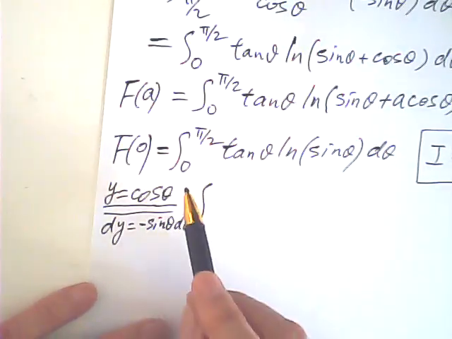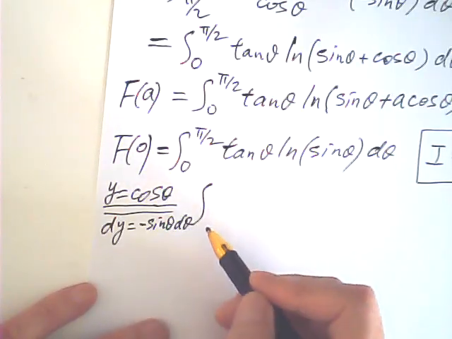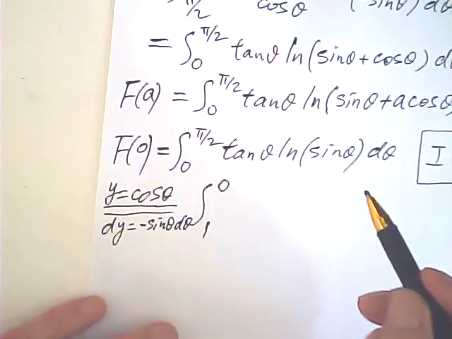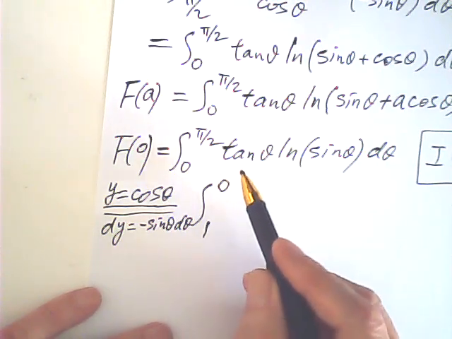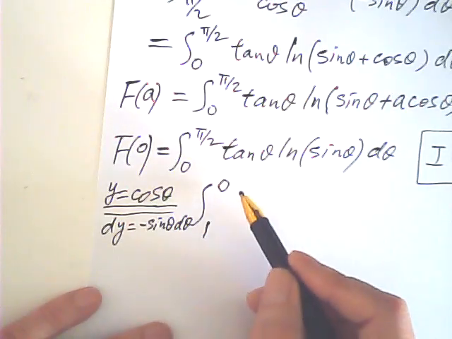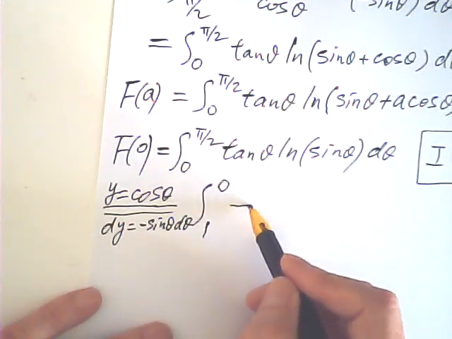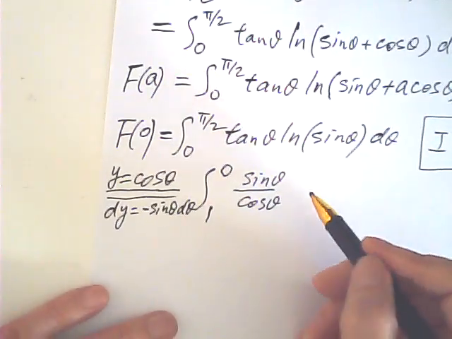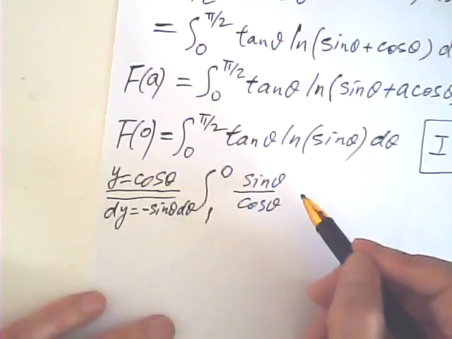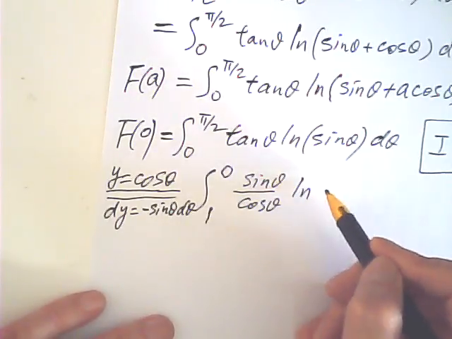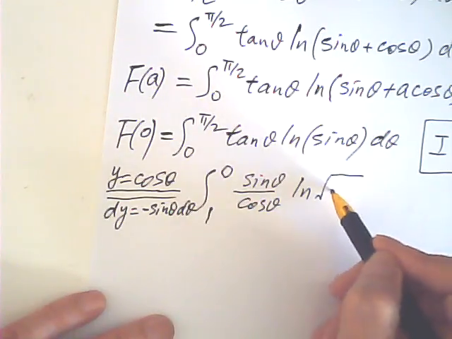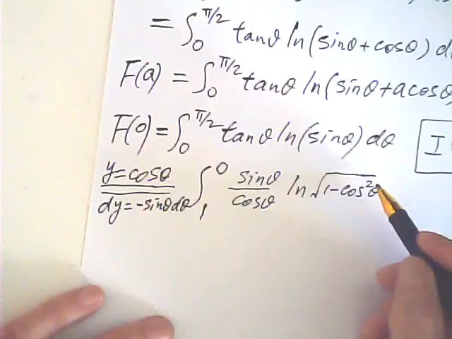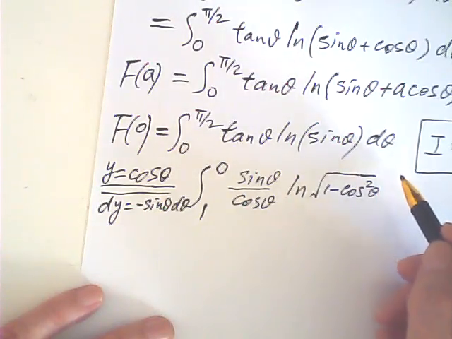And when theta equals 0, y is 1. When theta equals half pi, y is 0. And tangent is sine over cosine. Right? Log sine would be log of the square root of 1 minus cosine theta squared. Okay. And d theta.